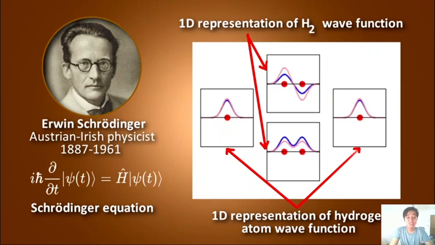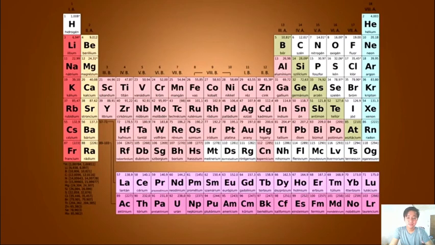And he's very popular for his Schrödinger equation that explains the hydrogen atom with more detail and precision than Bohr's model. And he was able to successfully explain larger atoms or more elements in the periodic table than Niels Bohr, because Niels Bohr was only able to explain the hydrogen atom but failed to explain larger atoms.